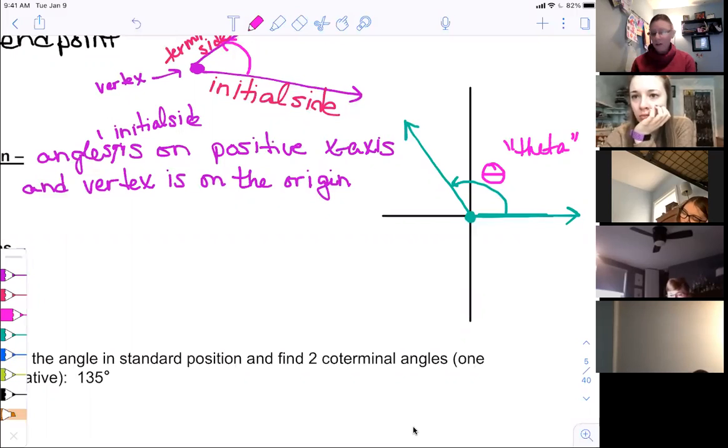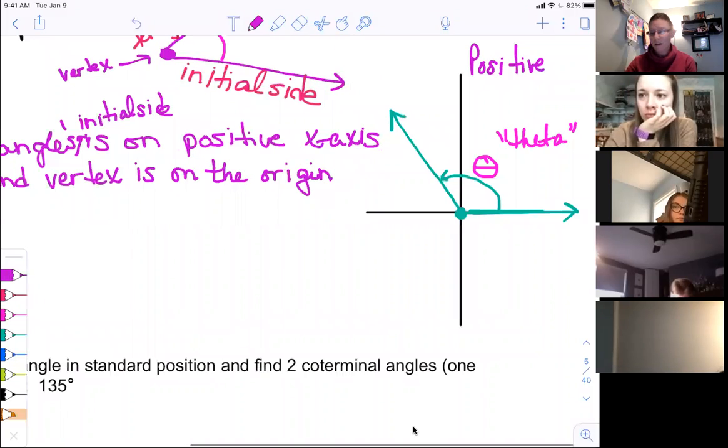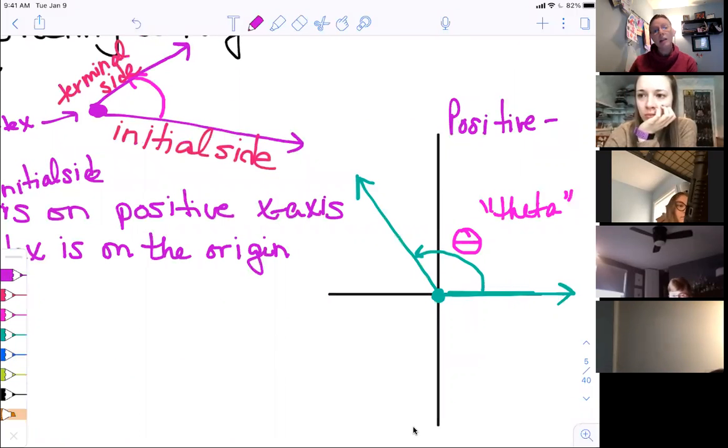So this angle is considered a positive angle. Angles can be positive, and they actually can be negative as well. A positive angle has counterclockwise rotation.